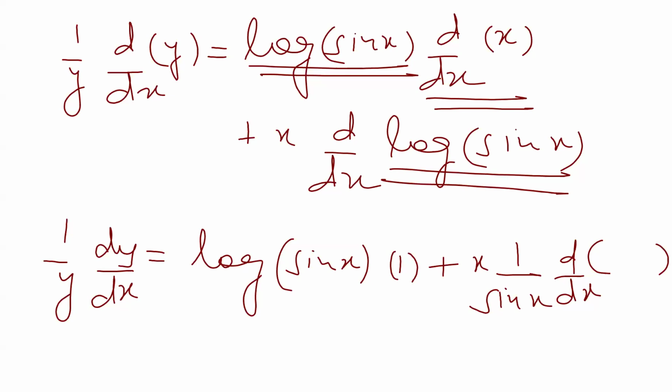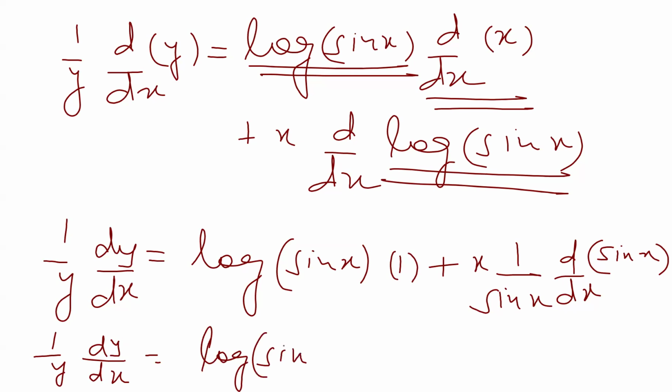Okay, that's the chain rule. So 1 upon y dy by dx is equal to log sin x plus x upon sin x. Dy dx of sin x is cos x.